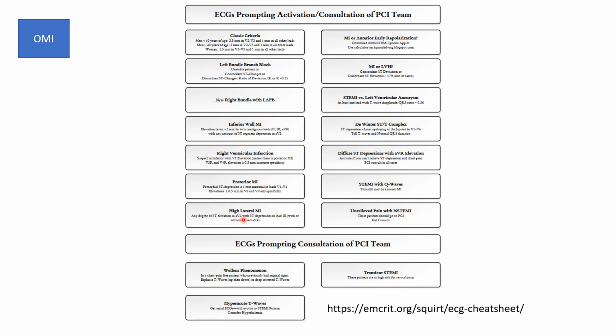High lateral MI with depression all over and positive ST elevation in aVR, or ST depression in minus aVR, right? Depending on whether or not you're in Sweden with a Cabrera, and so on. So yeah.